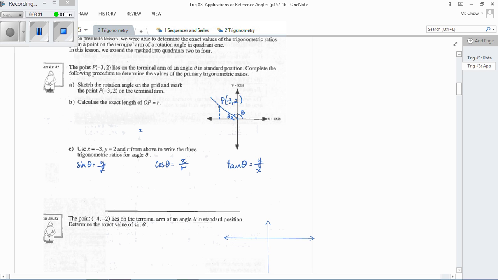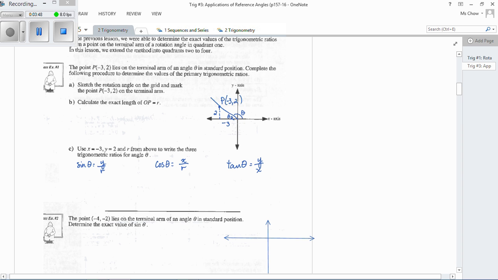Knowing that our x is -3 and our y is 2, let's calculate what OP, or origin to the point, the radius, is.